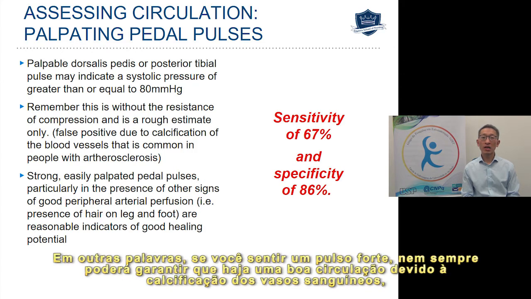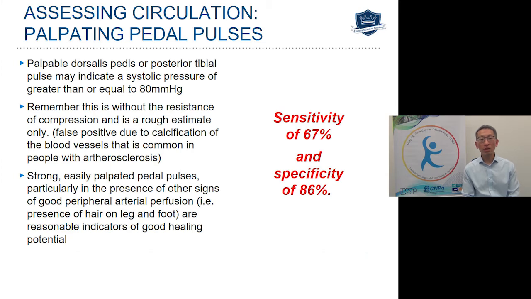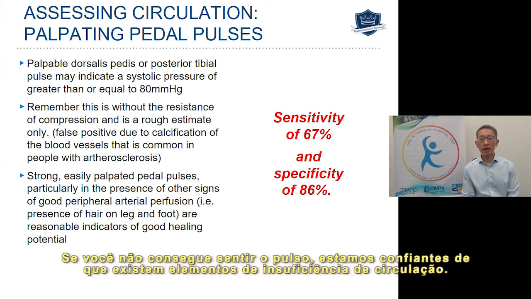In other words, if you can feel a strong pulse, you cannot always guarantee there is good circulation, due to calcification of blood vessels. You can always have a false elevation due to non-compressible blood vessels. As opposed to that, if you cannot feel the pulse, then I think we're pretty confident that there is an element of circulation insufficiency.